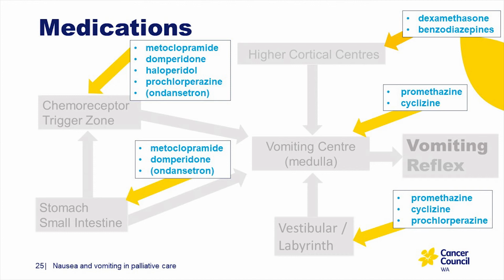When we're talking about movement-induced nausea and vomiting, we'll be talking about the medications that affect histamine, so particularly promethazine and cyclizine, and prochlorperazine to a lesser extent, but it is still quite useful in that setting. If our first-line antiemetics haven't worked, then we can look at using medications that affect the vomiting centre, and generally that'll be antihistamines, so promethazine and cyclizine.